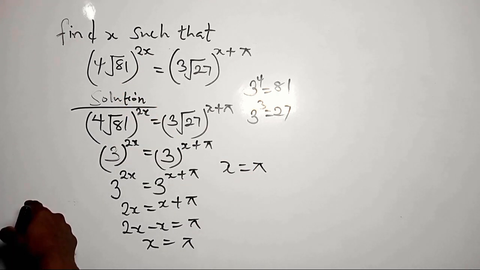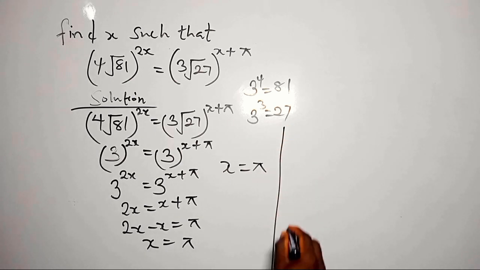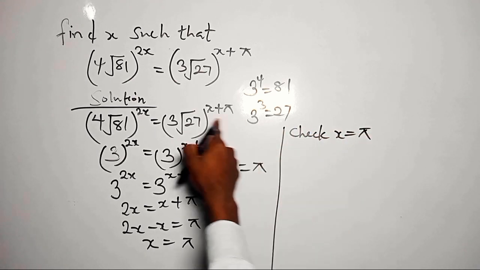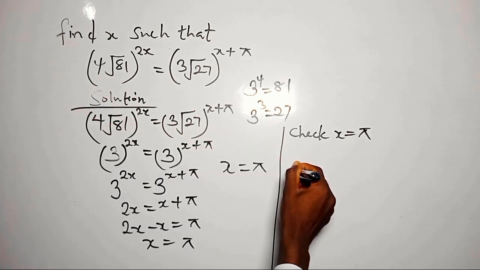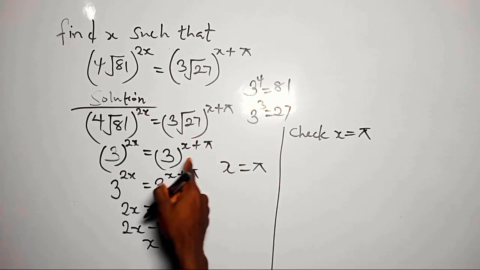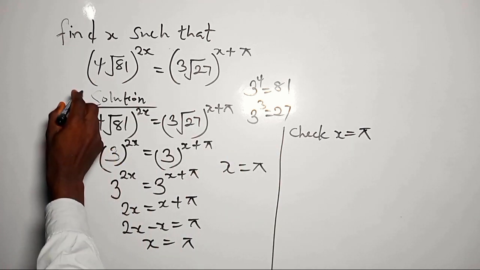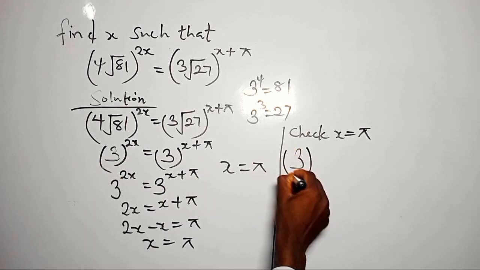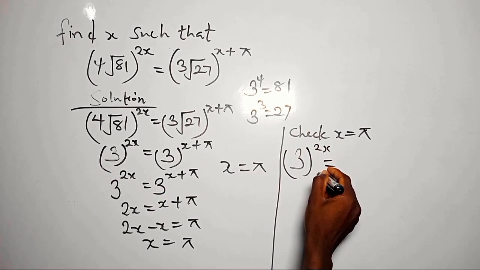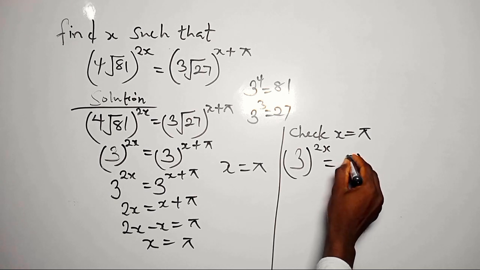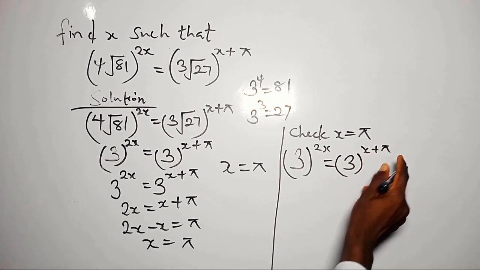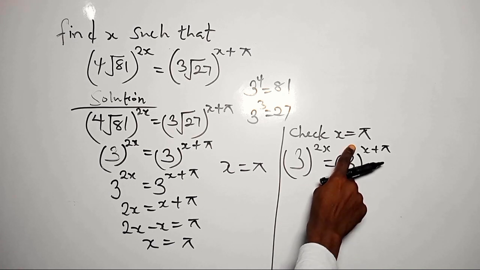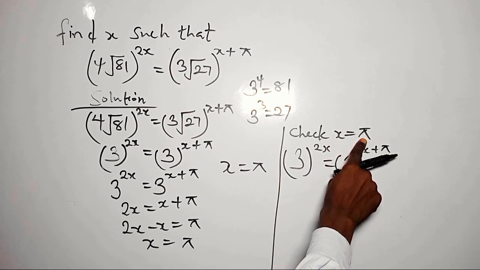Okay, so we can check, let's verify when x equals pi. Coming back to this equation, we have 3 raised to power 2x equals 3 raised to power x plus pi. Let's see if the two sides of the equation are equal when we put in x to be pi.